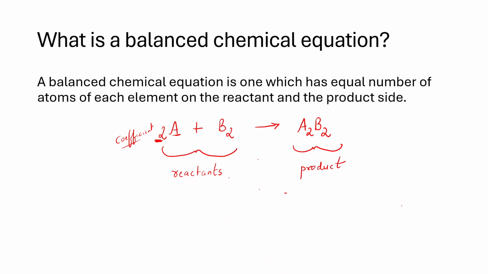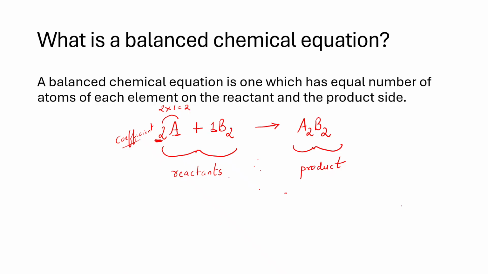Here there is no number, which we know signifies a 1. So the number of atoms of A on the reactant side is 2 times 1, which is 2. Now for the second reactant, there is no number written in front, so we assume the coefficient is 1.